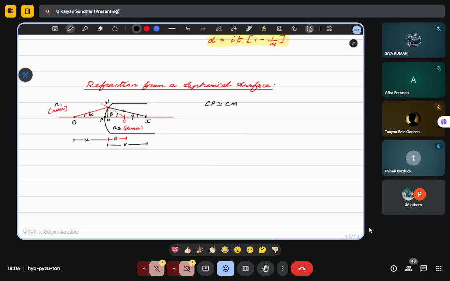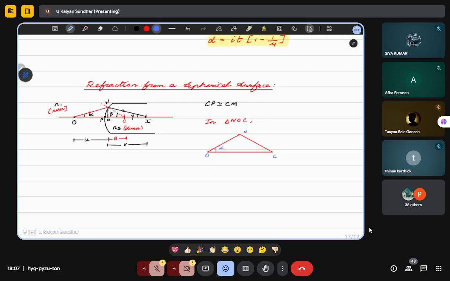Now, what about the triangles? Take triangle NOM, or rather the triangle with N, O and the center of curvature.